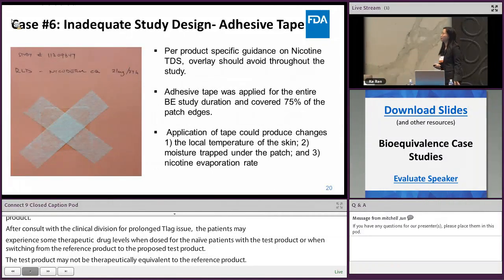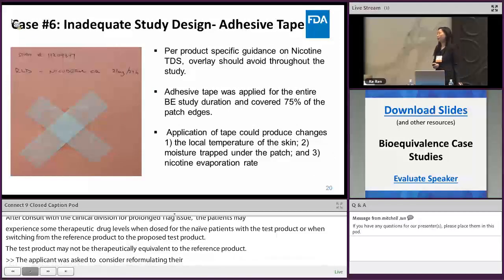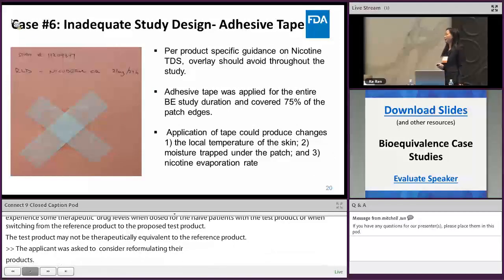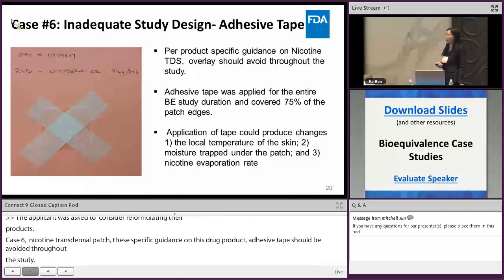Case 6, for lictin transdermal patch. Per product-specific guidance on this drug product, adhesive tape should be avoided throughout the study. When you see this graph, more than 75% of the patch edge and a significant portion of the patch were covered with tape.